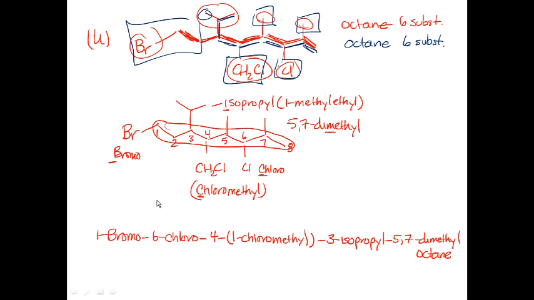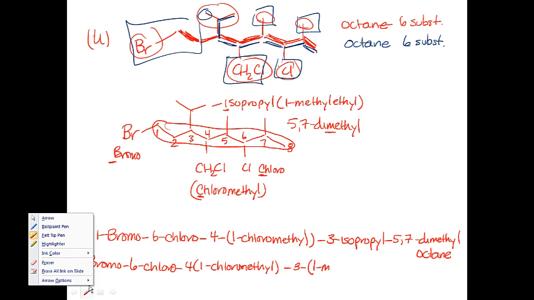Writing it as a 1-methyl ethyl group, the other possible name is 1 bromo, 6 chloro, 4 1 chloromethyl, 3 1, oops, sorry, that's not correct.